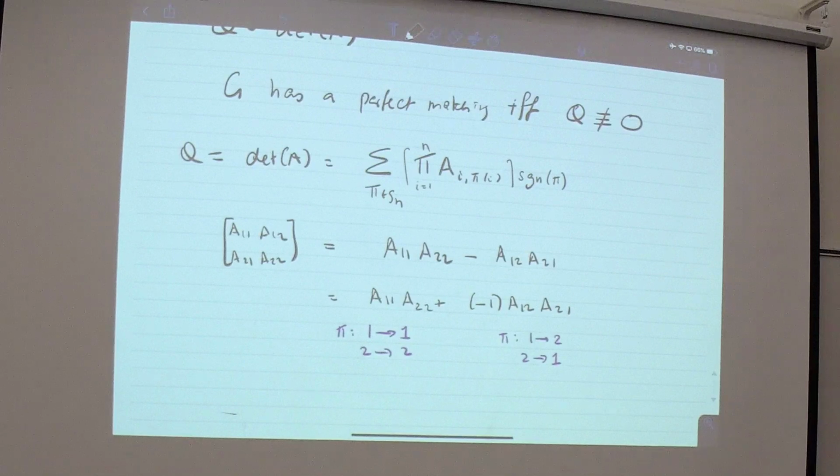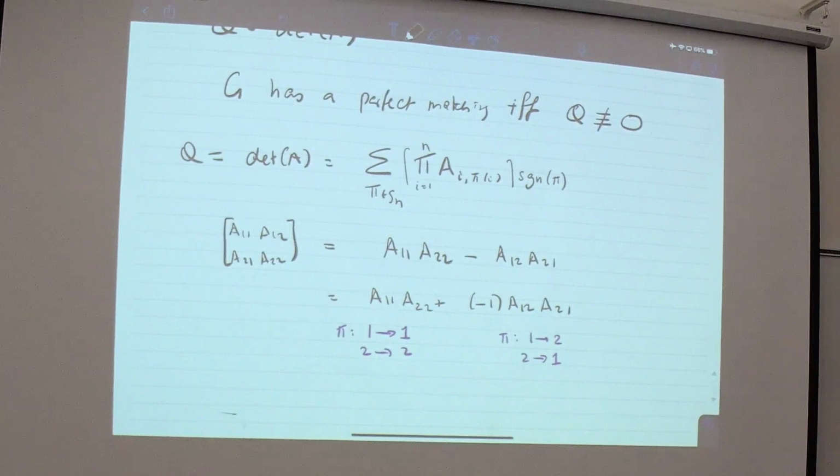So suppose that G has a perfect matching. If G has a perfect matching, that means there is a matching of left-hand side to right-hand side with edges, right? So that there's an edge from something here to something here, there's an edge from something here to something here, and so on. But what is that? That is a permutation.